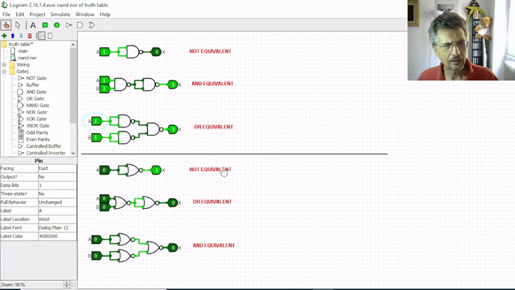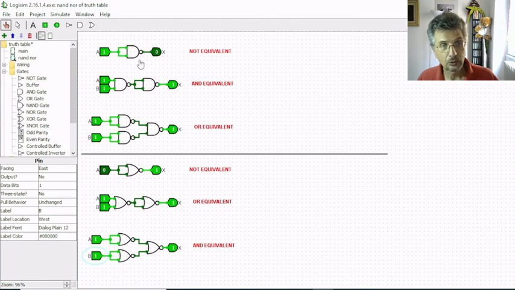And in quite a similar way, using only NOR gates, we can implement the NOT, the OR, and also the AND. So basically, all the three basic gates, NOT, AND, and OR, are feasible using only NAND or only NOR.